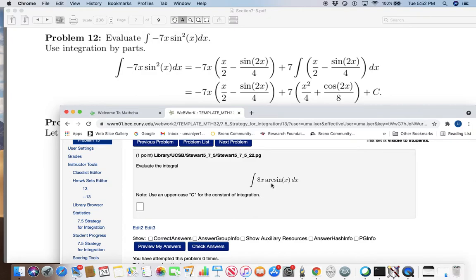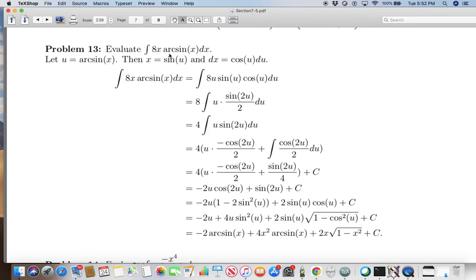Integral 8x arc sine x dx. So arc sine x, I'm calling it u. Then x itself is sine u. You see that x becomes sine u, which tells me what dx is. It is cosine u du.